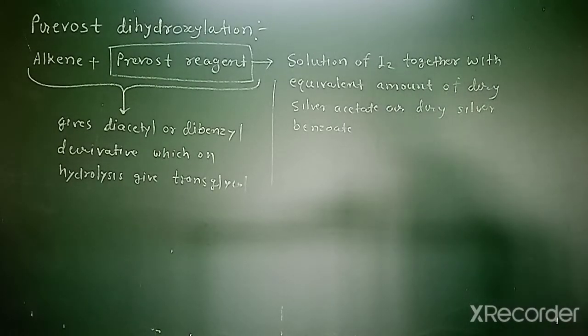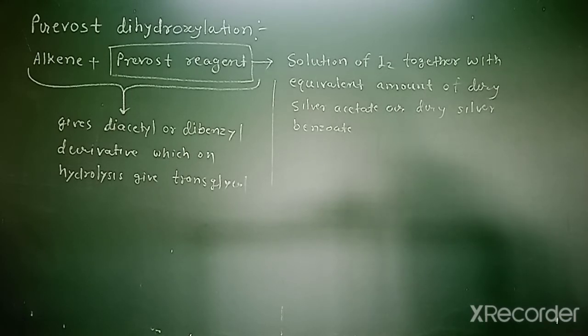This solution of I2 with an equivalent amount of dry silver acetate or dry silver benzoate is known as Prevost reagent. Alkene with this Prevost reagent gives firstly a diacetyl or dibenzoyl derivative, which on hydrolysis gives trans glycol.